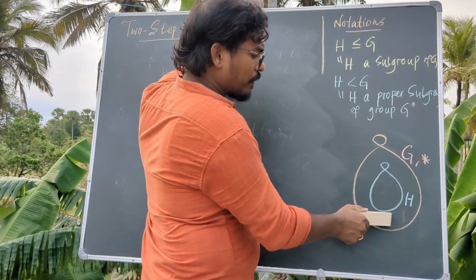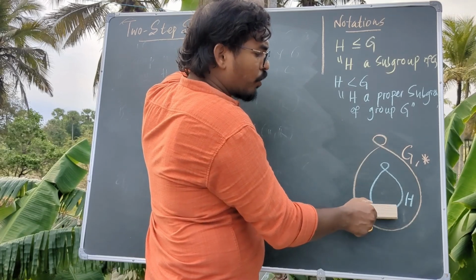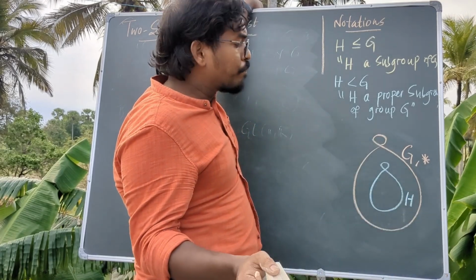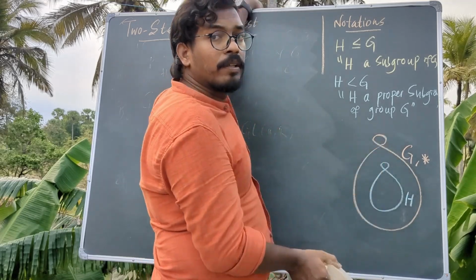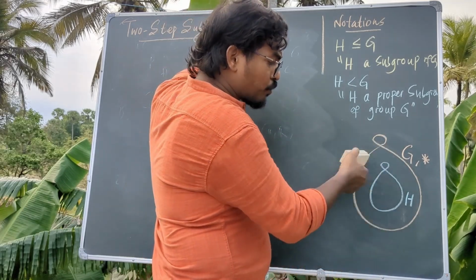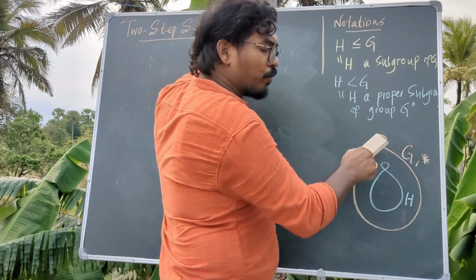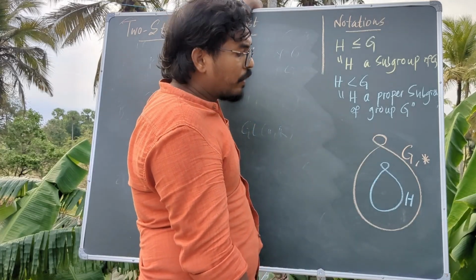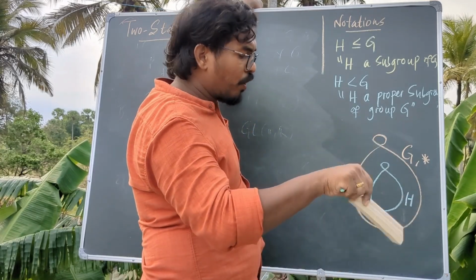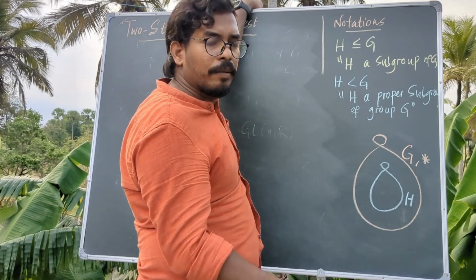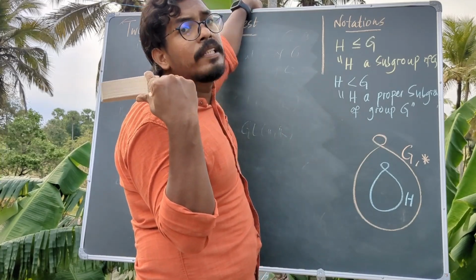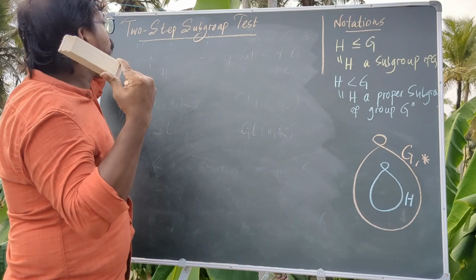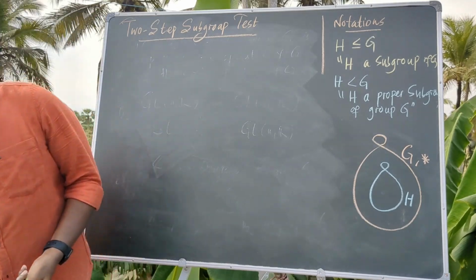This subset is not only a subset of an ordinary set, it is a subset of a group, so it actually inherits some properties of the group. Therefore, it is not necessary to show all 4 group axioms, and by this subgroup test our work will be reduced.